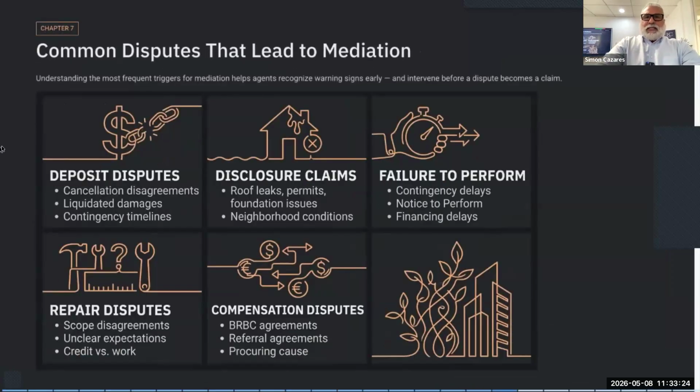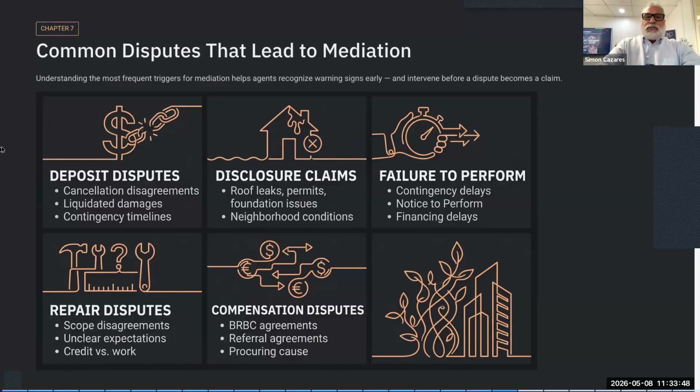All right, so common disputes that lead to mediation. These are some of the common things that I see quite often. Deposit disputes, number one: cancellation disagreements, liquidated damages, contingency timelines. Disclosure claims: roof leaks, permits, foundation issues, neighborhood conditions. Failure to perform: contingency delays, notice to perform, finance delays.